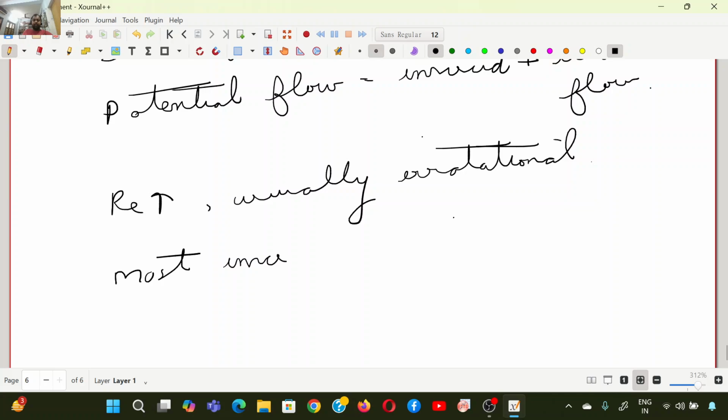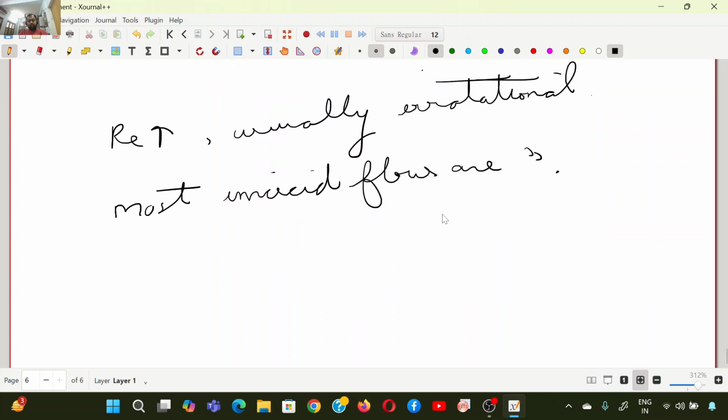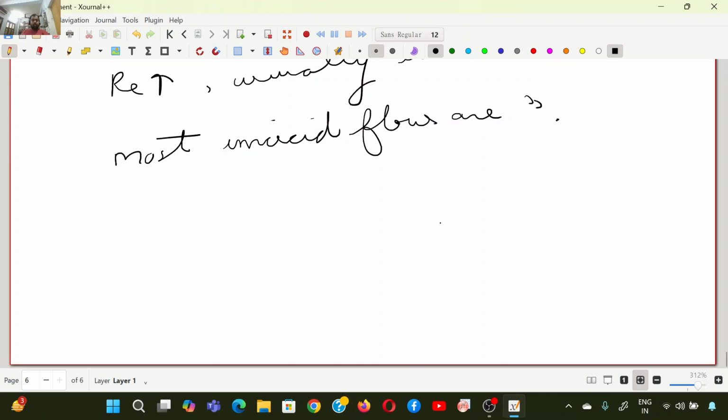Most inviscid flows are irrotational. Also take the curl, meaning del cross, of the Navier-Stokes equation.